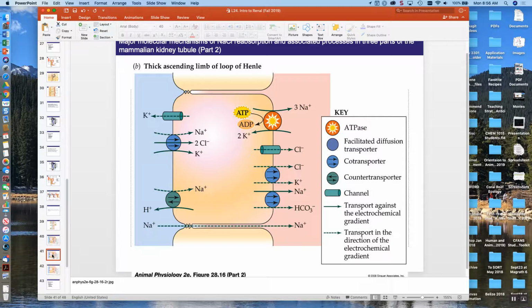And again, what we're doing is we're just blowing up this portion, and we're looking at the epithelial cells that line this area. And again, the transport properties are inside to outside.